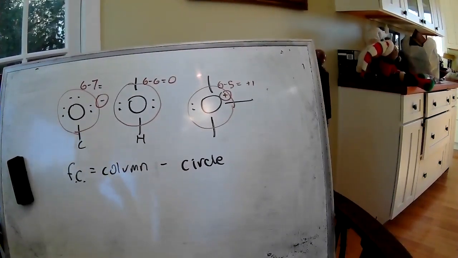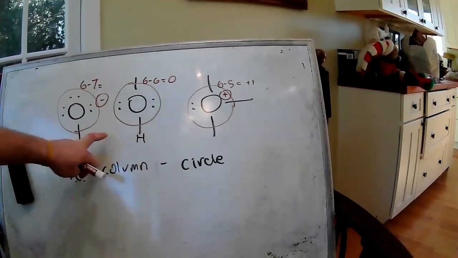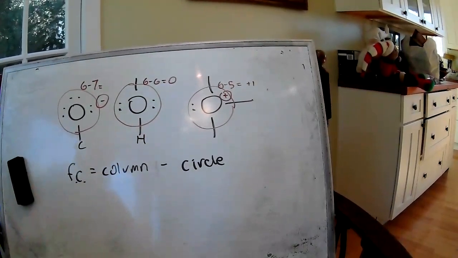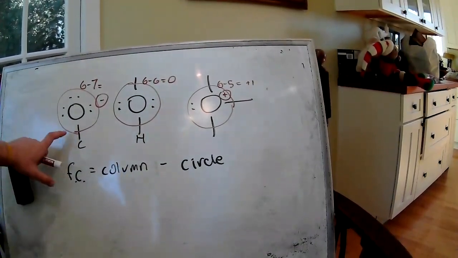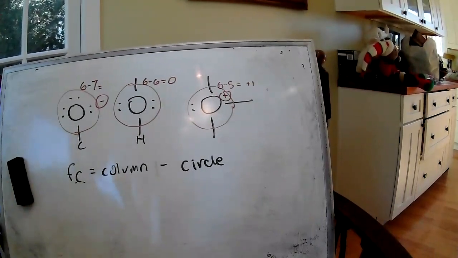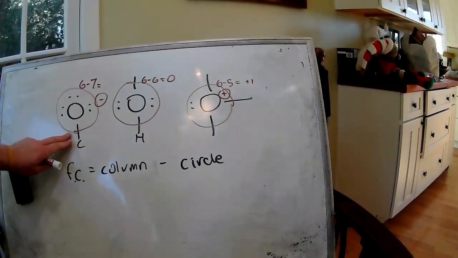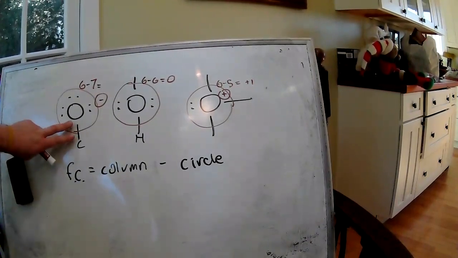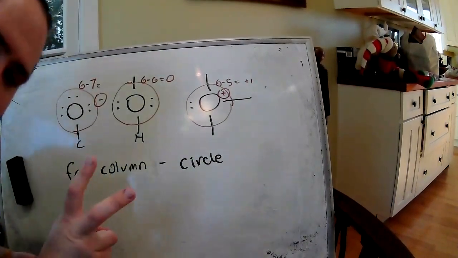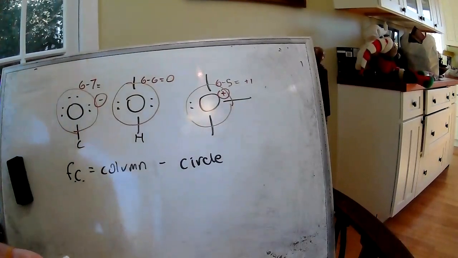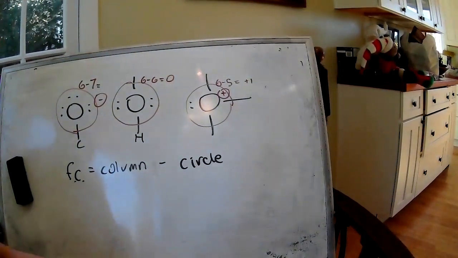But formal charge tells us to assume that these bonds oxygen is making are completely non-polar. That's why we only count 1 electron for the bonds: we assume the electrons are being shared evenly, and each atom has 1 electron we could call close to it. So that's the formal charge way of thinking about things.